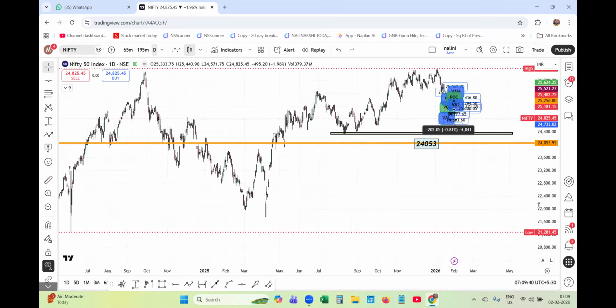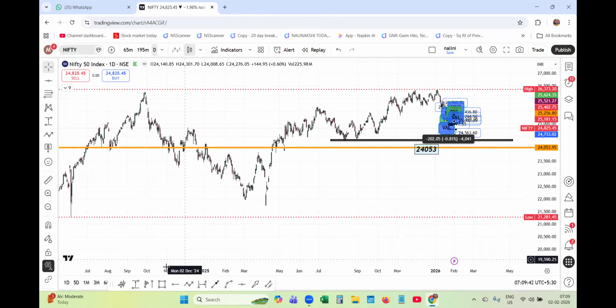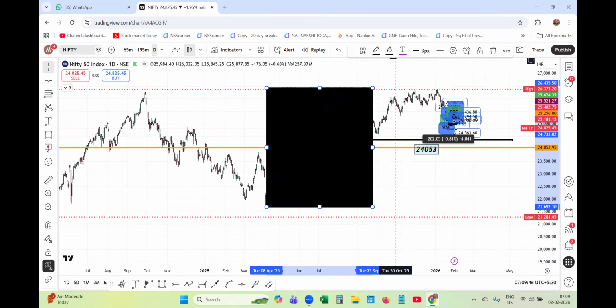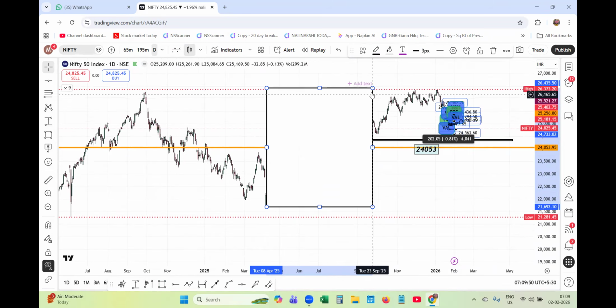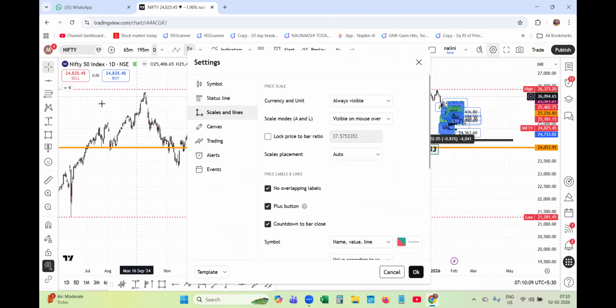If I take the whole picture and take the 50 point, this is the pivot, 24,092. So we can anticipate the market coming down to 24,092, and that is the balance level. If it comes over there, the market can reverse there.